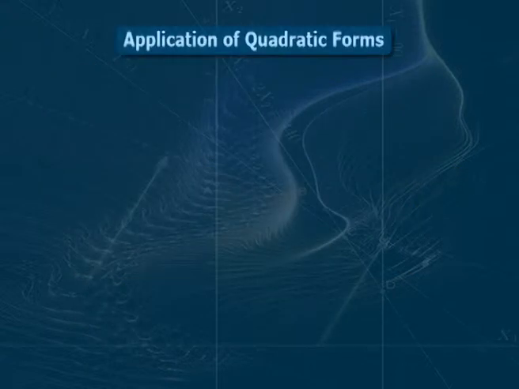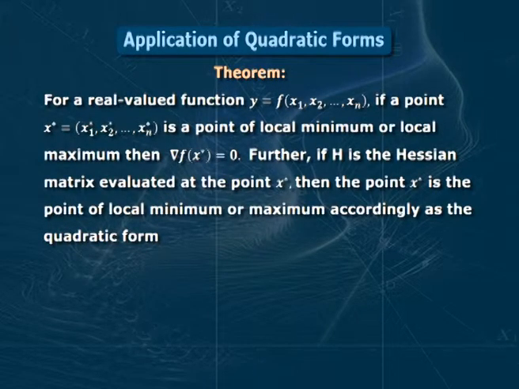We now see one application of quadratic forms. Theorem. For a real valued function y equal to f(x1, x2, and so on up to xn), if a point x star equal to (x1 star, x2 star, and so on up to xn star) is a point of local minimum or local maximum, then the gradient of f at x star is equal to 0.